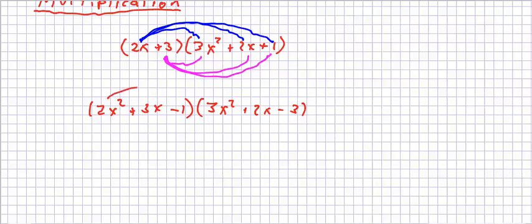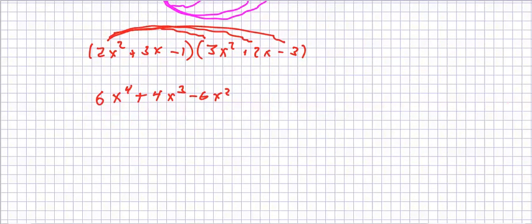So this times this gives me 6x to the 4th. Remember, when we multiply, we add our exponents. This times this, 4x to the 3rd. And this times this, minus 6x squared.